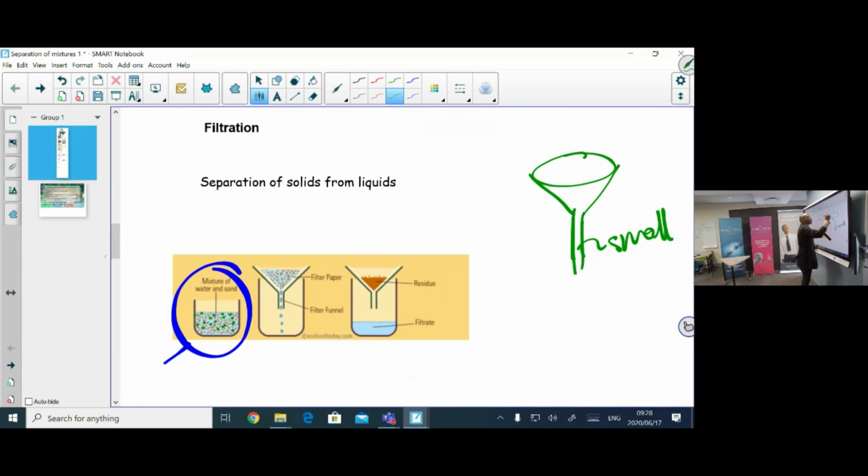And just as you see in the image, you put your filter paper here. You will line your funnel with filter paper.